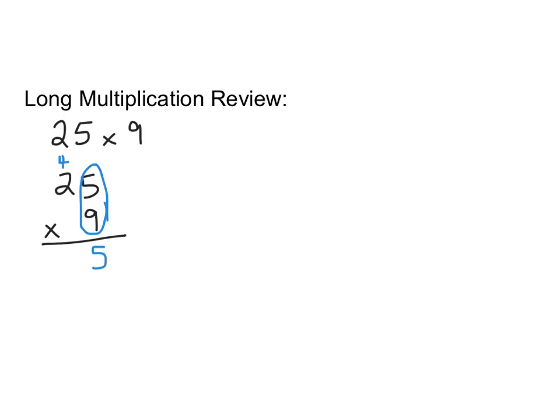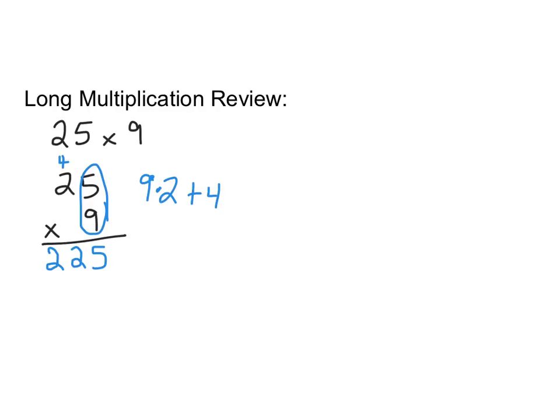We have that extra 4, so we're going to add that 4. So our next step is 9 times 2 plus the 4, and that gives us 22. And we just write down that whole number because there are no more digits that we have to worry about. So the answer for 25 times 9 is 225.